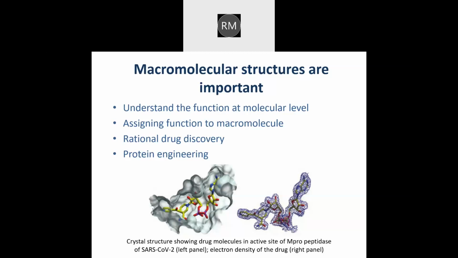Proteins are huge in number because in human cells, there are estimated to be around 25,000 different proteins. And if you count their modifications, the post-translational modifications, then it comes to 1 lakh different types of macromolecules.